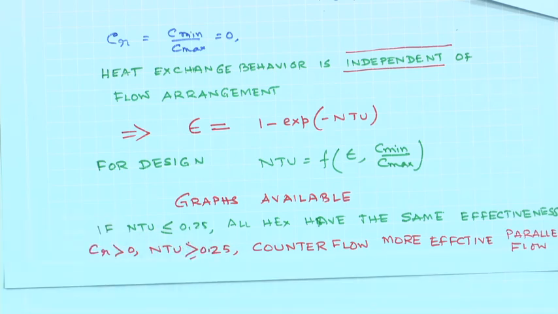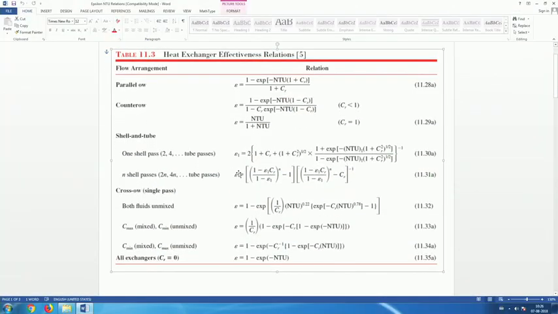What I show you here is from the text: there are certain relations and correlations which can be seen for the case of parallel flow, for counter flow, and for shell and tube with one shell pass and multiples of 2 in terms of tube passes, n shell passes, and if you have 2 shell passes, then there must be 4 tube passes and so on.